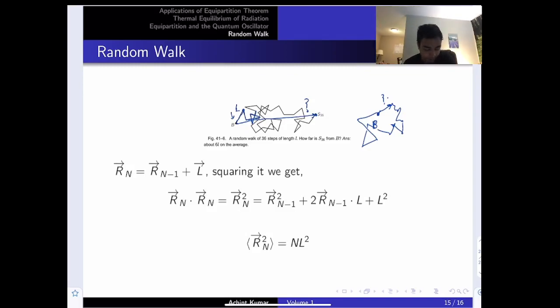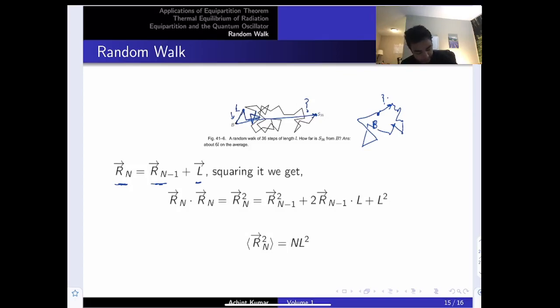Okay, so that's the problem we want to answer, and the way we do that is by writing this relation. The radius vector after n steps is the radius vector after n minus 1 steps plus a step of length L along some direction.